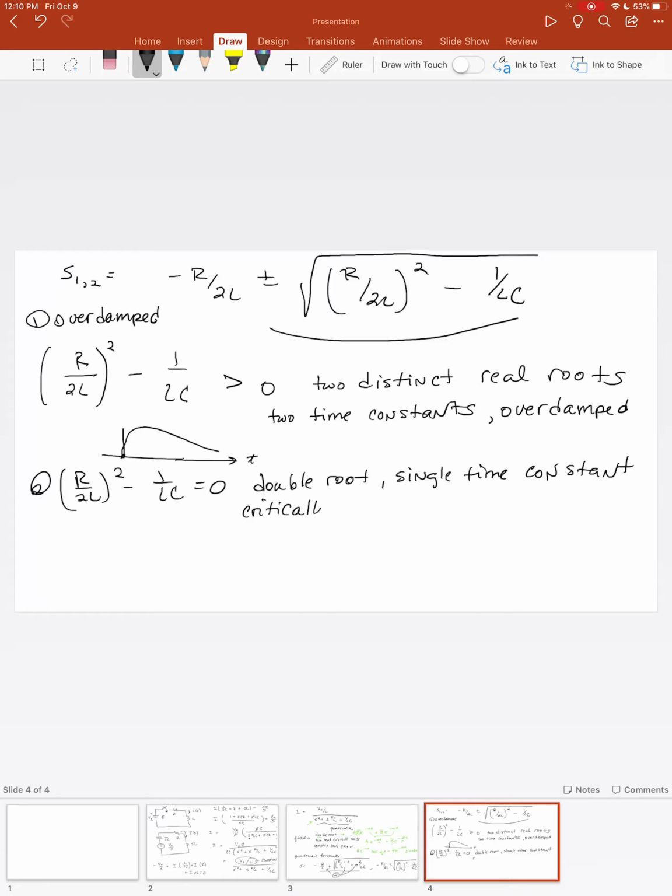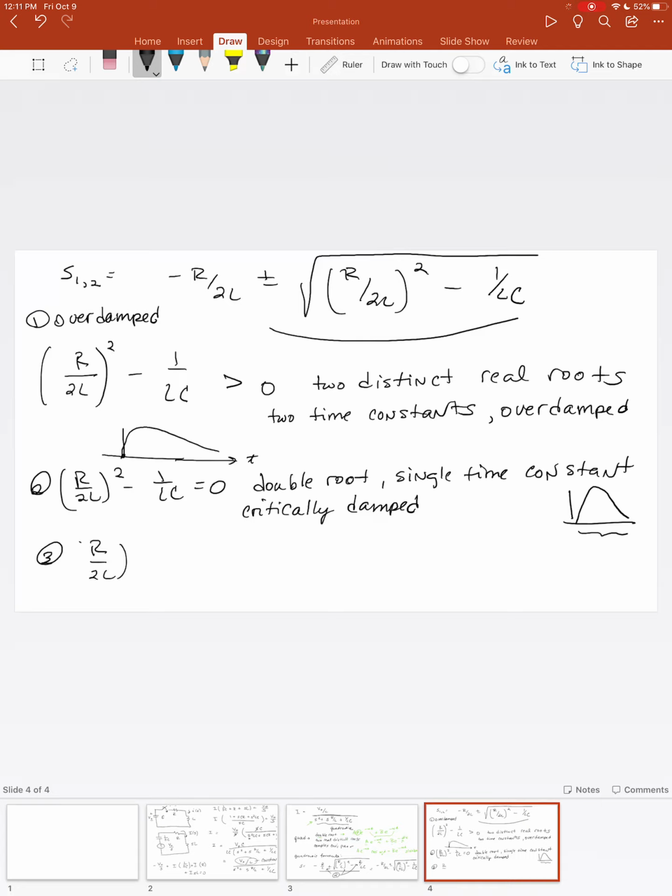And this is referred to as critically damped. That response has a little bit higher peak, a little longer rise time, but the energy is concentrated. It's more like a pulse and less like an RC decay.